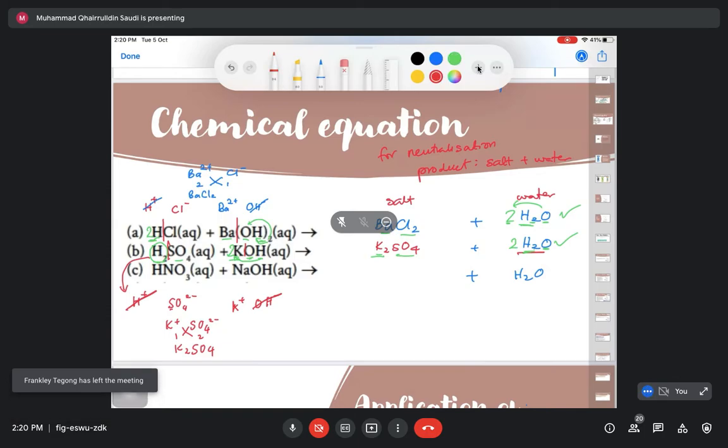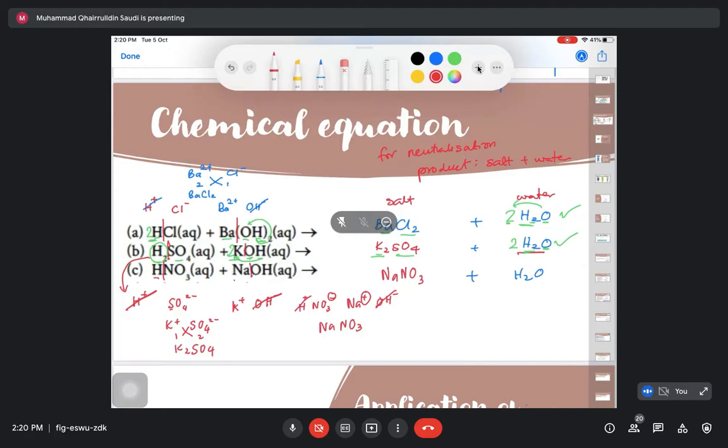Next one. Nitrate ion and hydrogen ion. This one is sodium ion and hydroxide ion. Those two will become water. So NaNO3. The same charge, you just write it down. So our salt is NaNO3, sodium nitrate. Is it balanced?